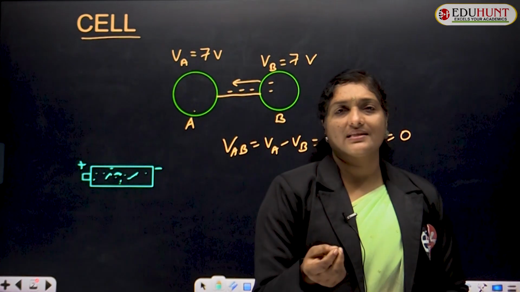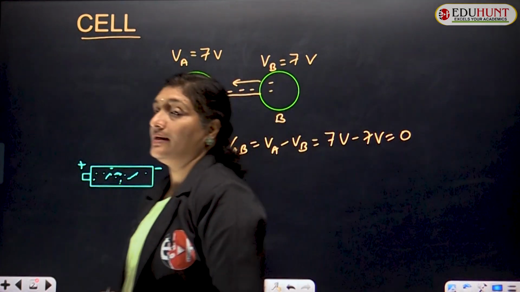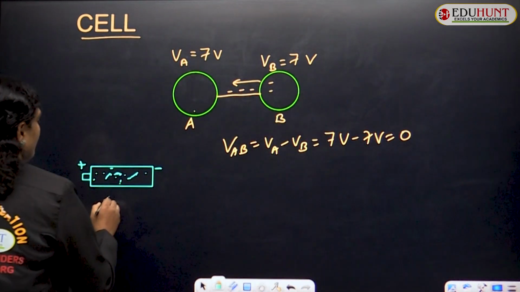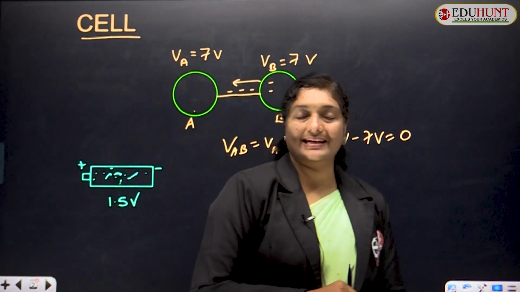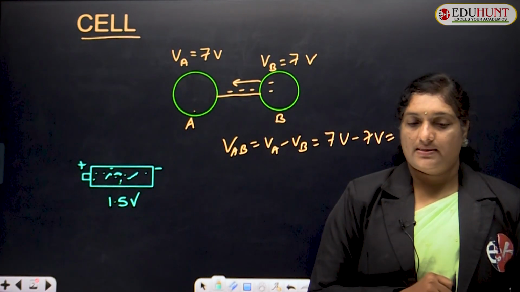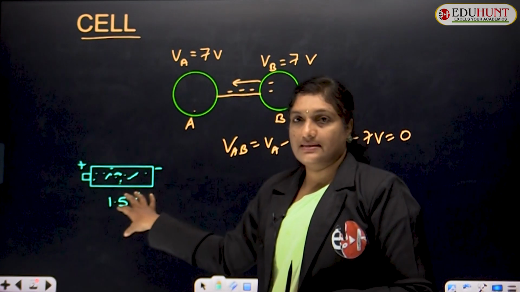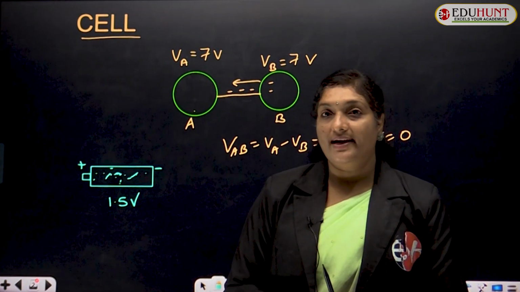The general cells that we use in daily life maintain a potential difference of 1.5 volts. And these cells that we generally use are called dry cells. What are they called, children?